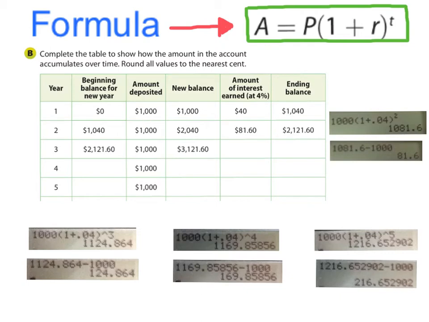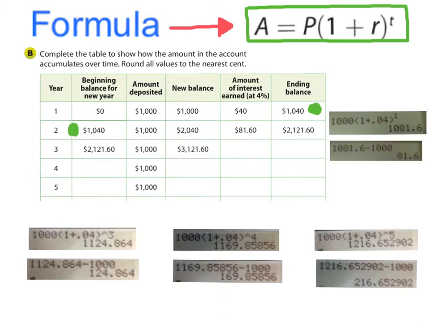Or she. This was Lily's retirement. The amount of interest that she earned during that first year, we said, was $40. So at the end of year 1, she has $1,040. This amount is going to start year 2.